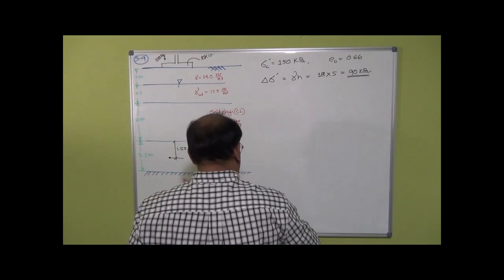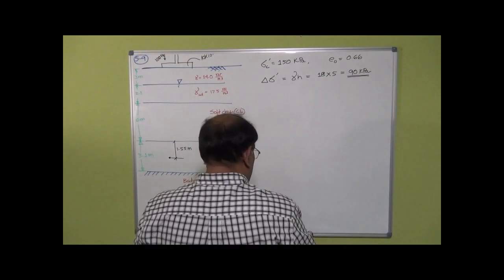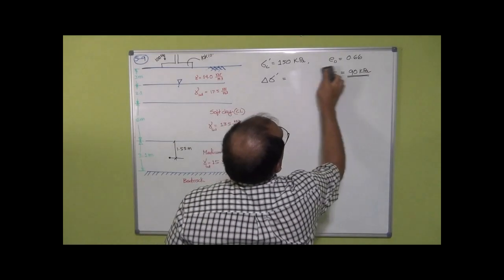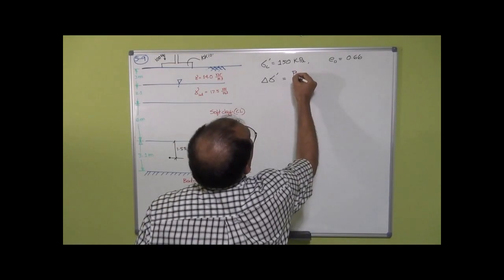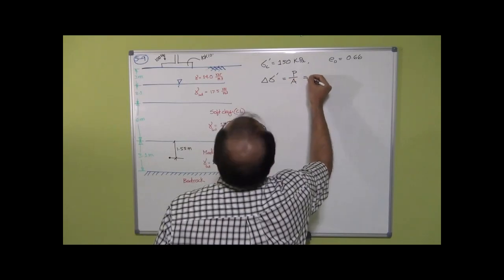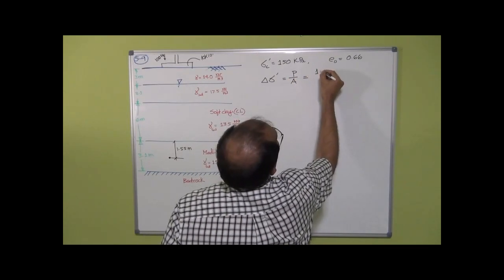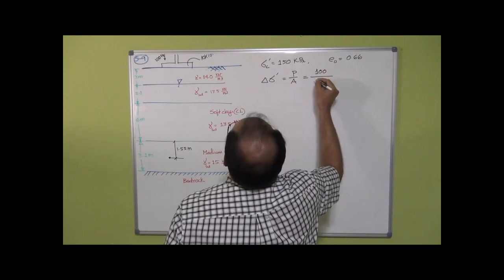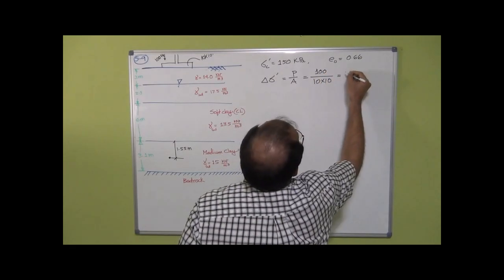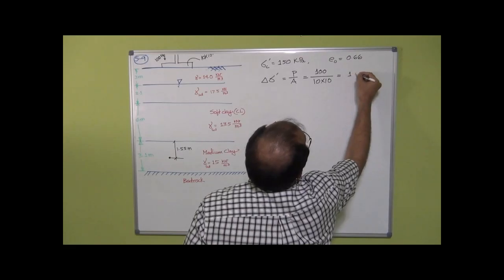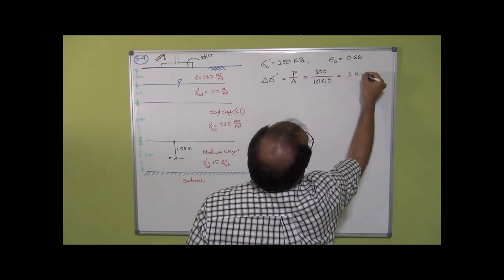You already know that one, this one would be P by A, means 100 divided by 10 into 10, that's actually 1 KSF, sorry.